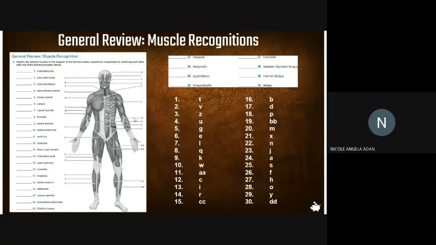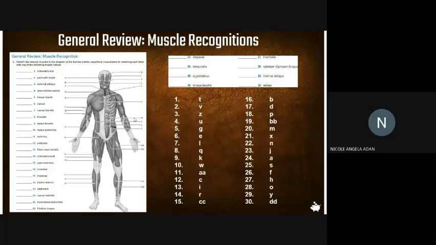Number 2, pectoralis major, letter V. External oblique, letter Z. Sternocleidomastoid, letter U. Number 5, biceps brachii, letter G. Number 6, deltoid, letter E. Number 7, vastus lateralis, letter L. Frontalis, letter Q. Number 9, rectus femoris, K. Rectus abdominis, number 10, letter W. Number 11, sartorius, AA.